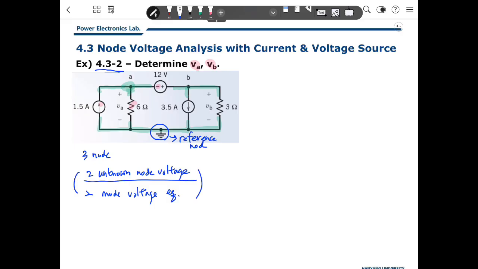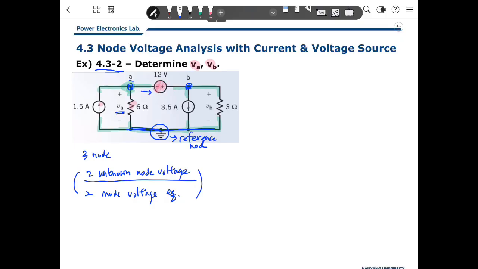In the problem, they define that is node A and that is node B. So we can define the node voltage VA as the voltage of A based on the reference node, and the node voltage VB is the voltage difference from the reference node to node B. Then actually we need to make a KCL at every node, but because of the voltage source, we cannot calculate this current here.